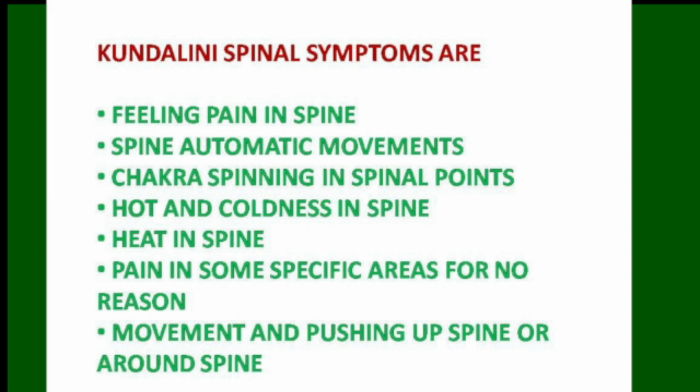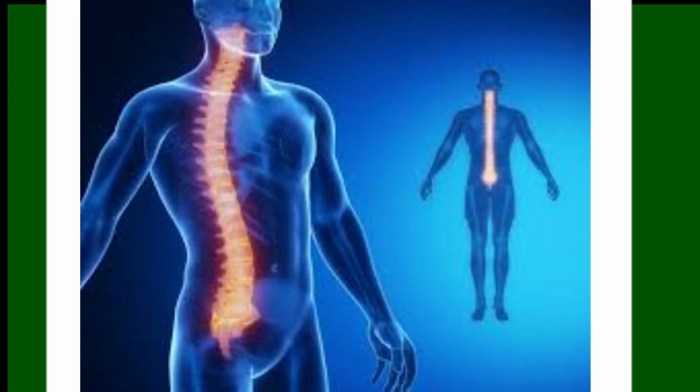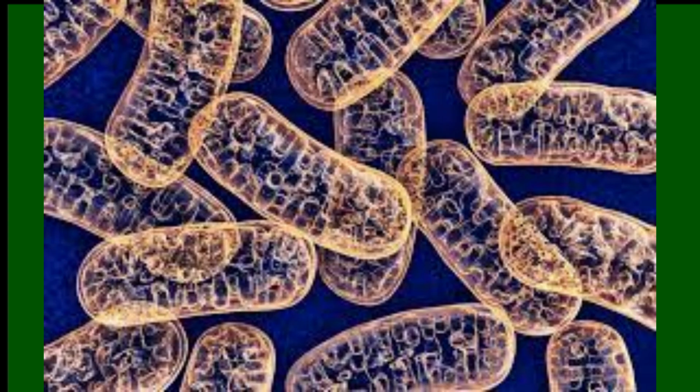Then, in a top down awakening and even in a Kundalini awakening, in some phases of the Kundalini awakening process, we can feel a lot of heat at the pelvic bowl and the spinal area. The reason is that there's a lot of mitochondria along this area.